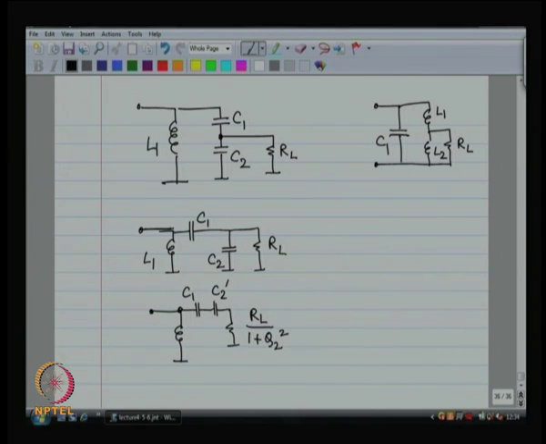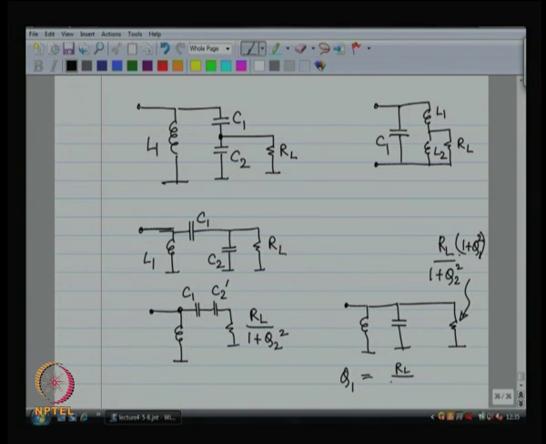C 1 in series with C 2 can be lumped together as one big capacitor, and now once again you can do the parallel to series transformation, where Q 1 is equal to... Yes.